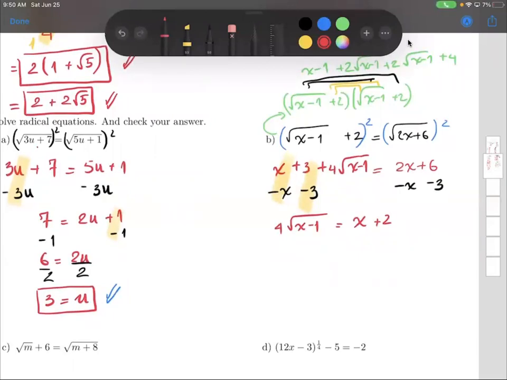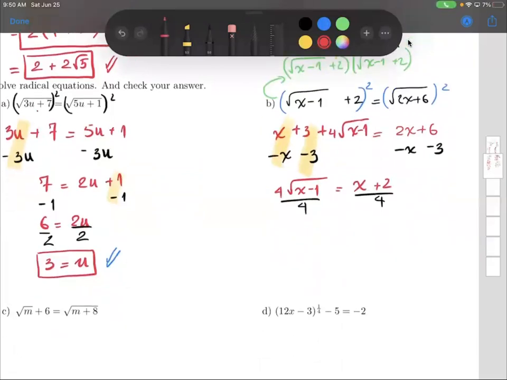So divide both sides by 4 because you need to isolate the radical. Right. So I have square root of x minus 1 equals x. I hate it when it's a fraction.